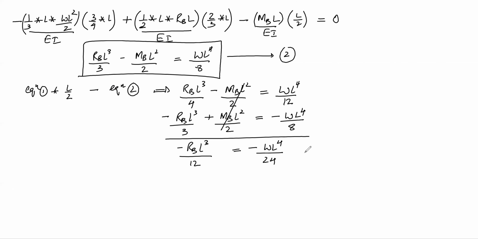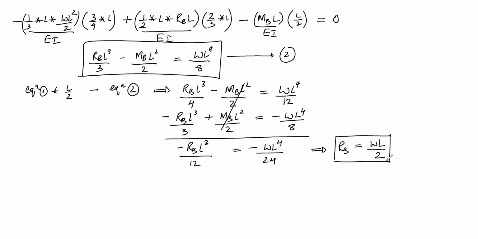And from this equation we can write RB as W into L by 2. This is the reaction at point B, right?